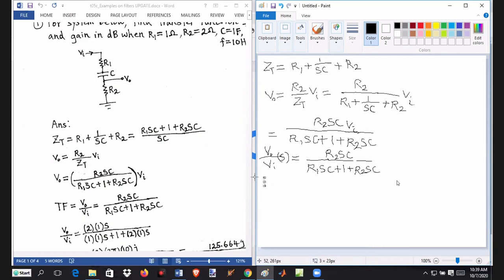Now this is given to you: R1 equals 1 ohm, R2 equals 2 ohm, and C equals 1 farad.